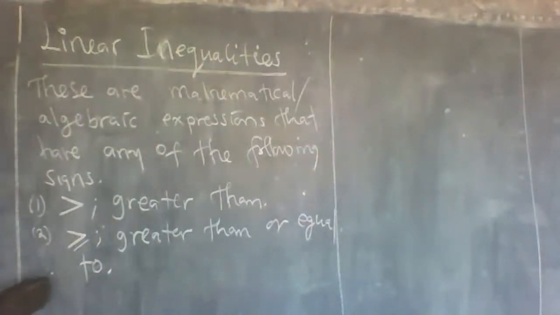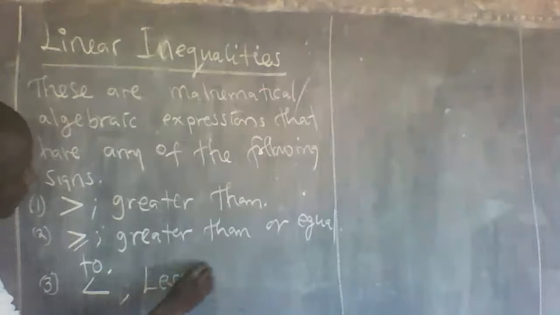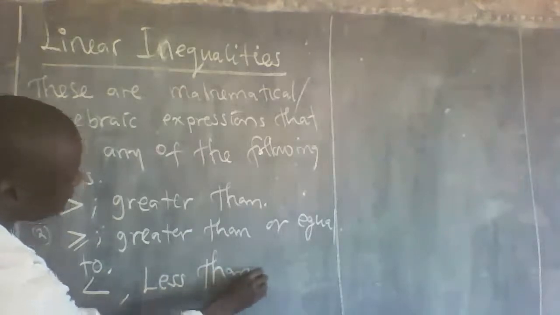The third one is the opposite of greater than, which is drawn like that. What is this called? This is called less than.